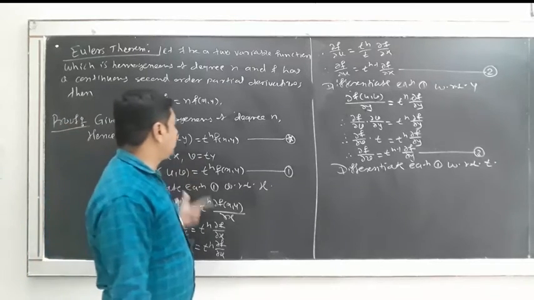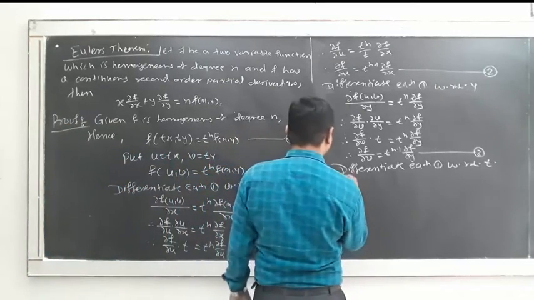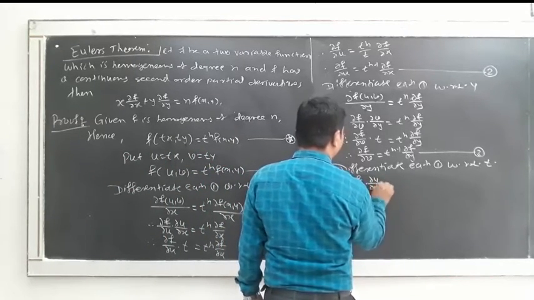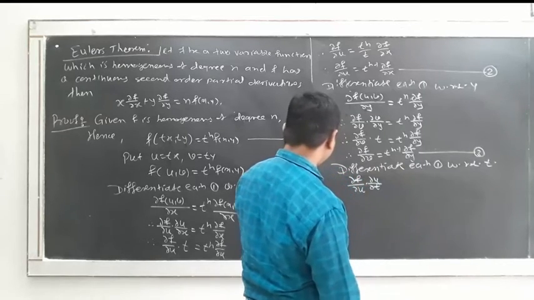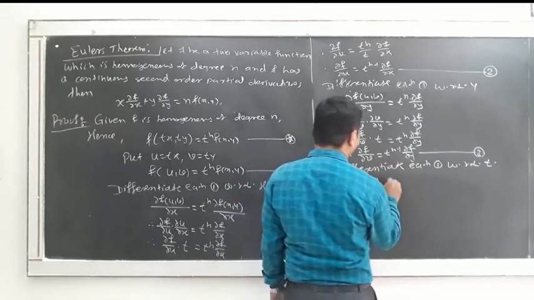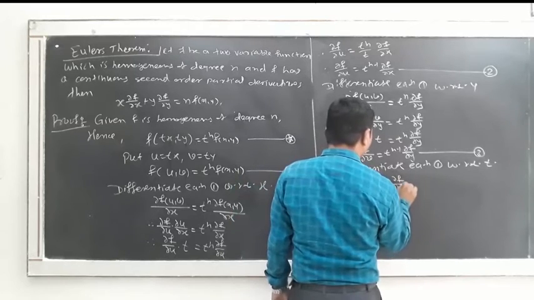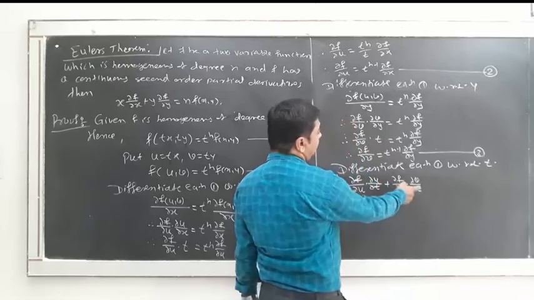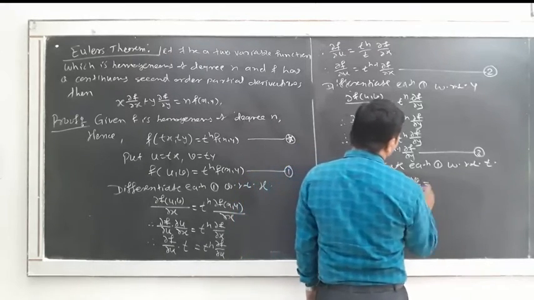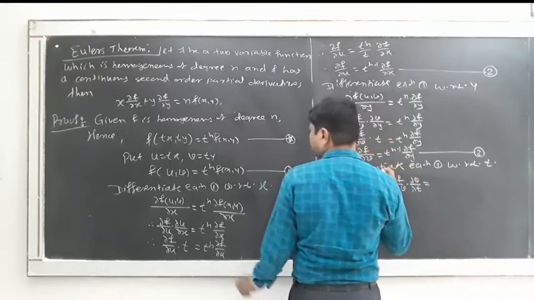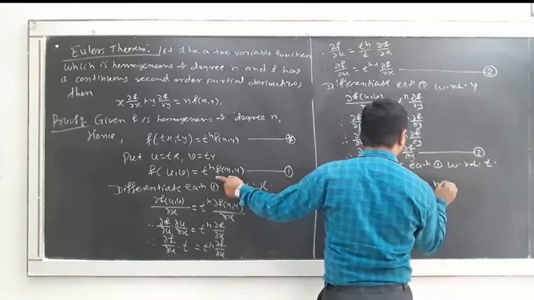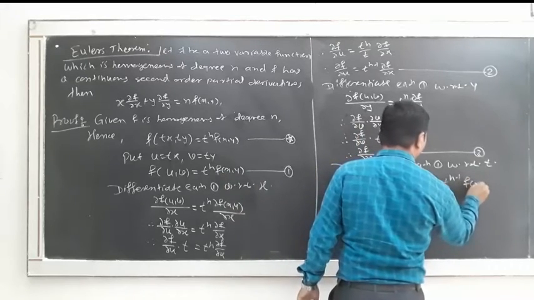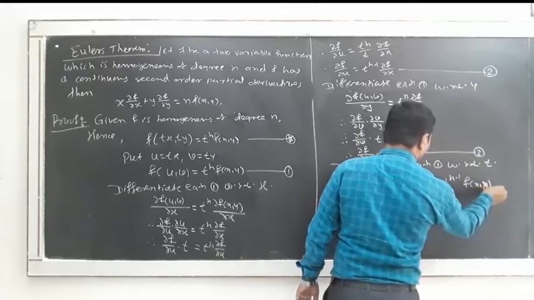Therefore we have to use the chain rule again: ∂f/∂u into ∂u/∂t, since f is a function of u and u is a function of t, plus ∂f/∂v into ∂v/∂t, since f is a function of v and v is a function of t. It is equal to the derivative of t^n, which is n t^(n-1) into f(x,y).